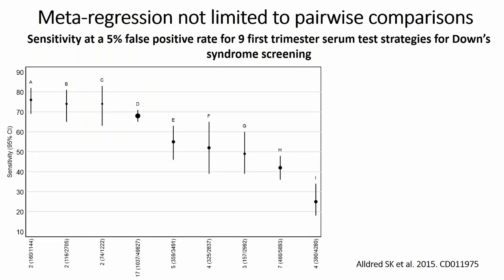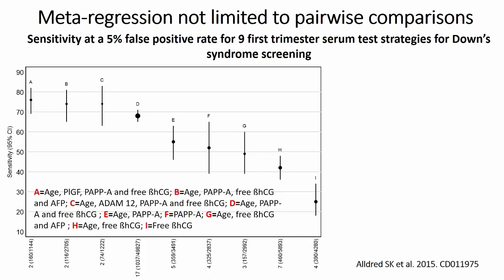Now, earlier I showed you a network plot for the Downs review, and there we again used a meta-regression model. Because these studies all reported the sensitivity at a 5% false positive rate, what we actually did was not a bivariate meta-regression, but a univariate meta-regression to pool the sensitivities, and then summarize the results on this plot.